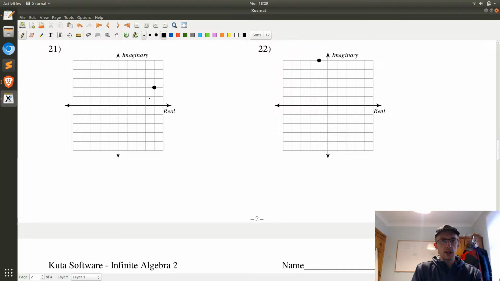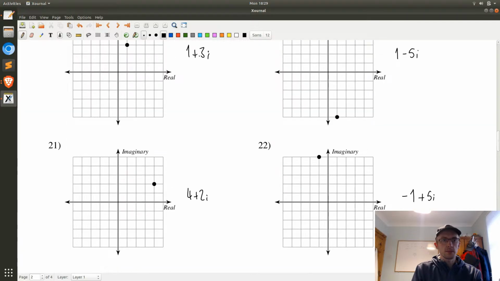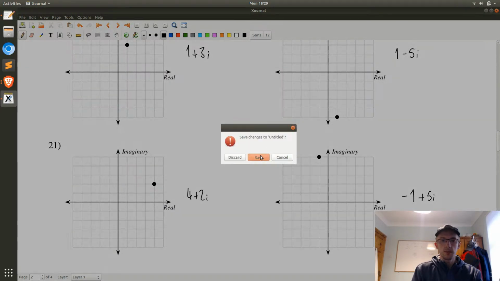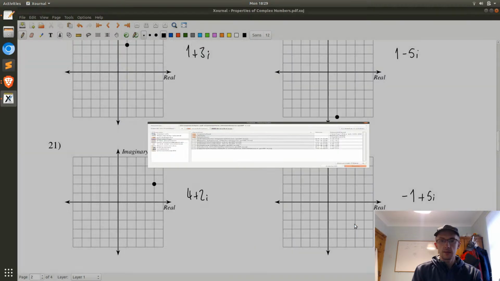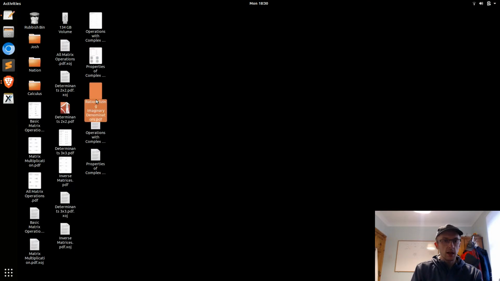And finally, or penultimately rather, this is 4 add 2i. And then comes -1 add 5i. Okay. All sorted, all handled. Great. Let's now move on to this skill.